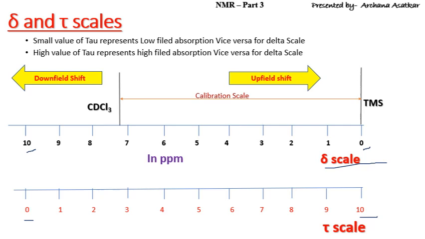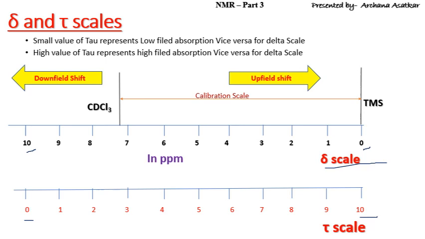The tau scale is just the reverse of the delta scale. A small value of tau represents low field absorption, vice versa for the delta scale, and a high value of tau represents high field absorption, vice versa for the delta scale.